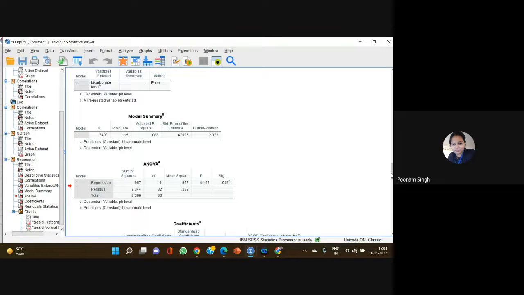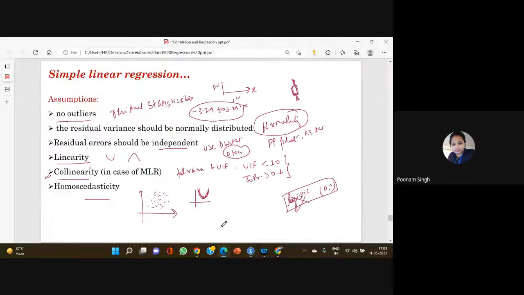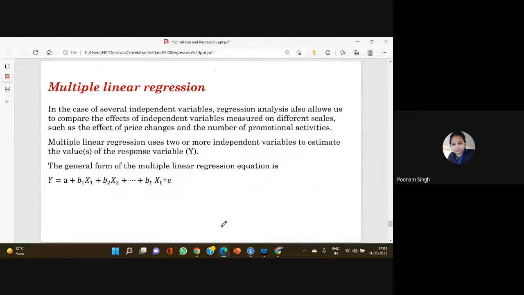Multiple linear regression, as I have told you, is when you are predicting the dependent variable from more than one independent variable. All the procedure is the same. Here you can see the multiple linear regression equation is a plus b1 x1 plus b2 x2, with as many terms as there are independent variables. First, the procedure is the same as that of linear regression.